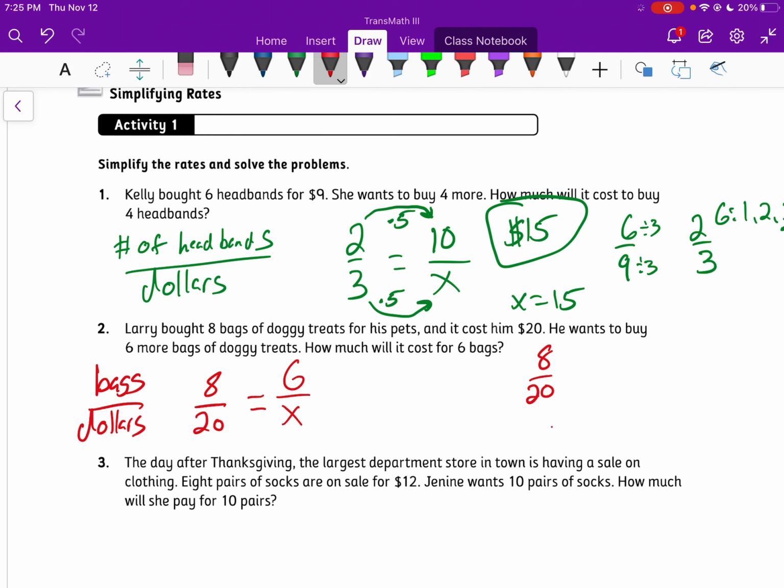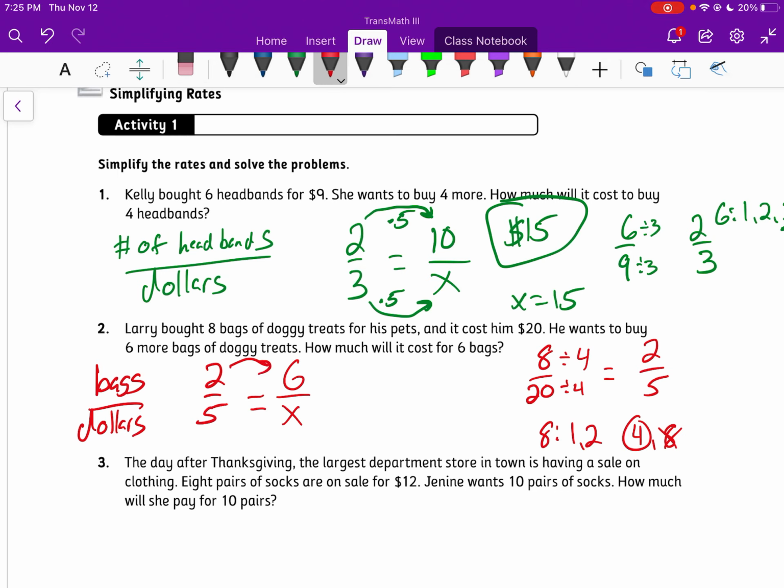Factors of 8: 1, 8, 2, and 4. So 8 does not go into 20. 4 does, though, so I'm going to divide both top and bottom by that 4 to give me 2/5. So instead of that 8/20ths here, I'm going to use that 2/5.